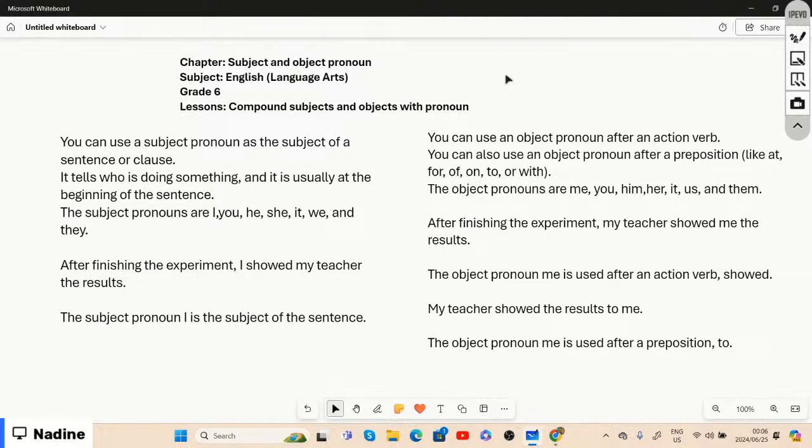And the lesson that we are focusing on today is compound subjects and objects with pronouns.